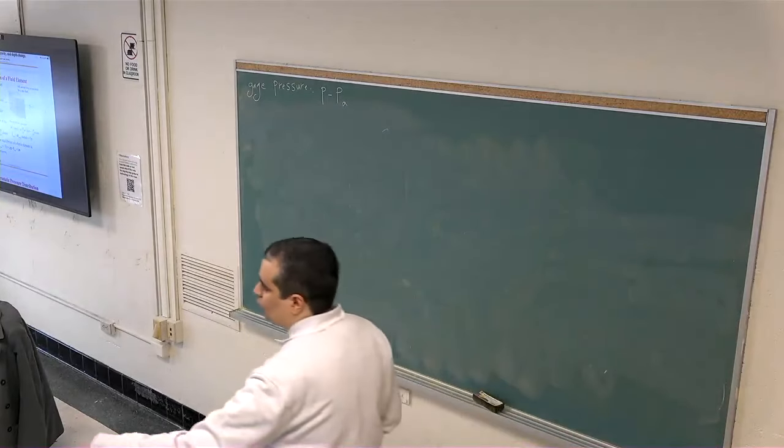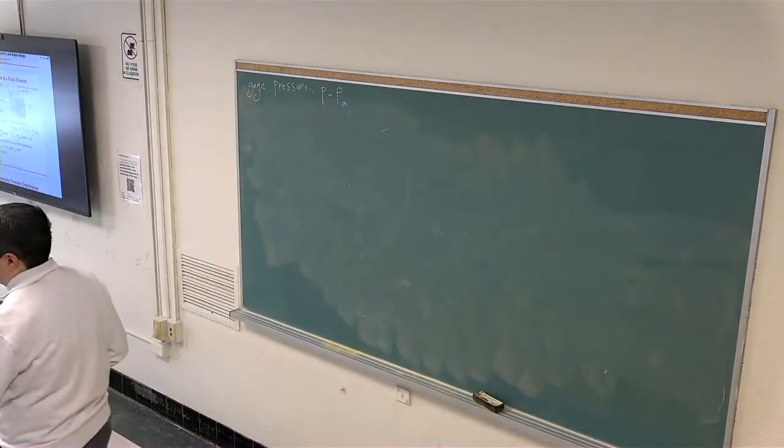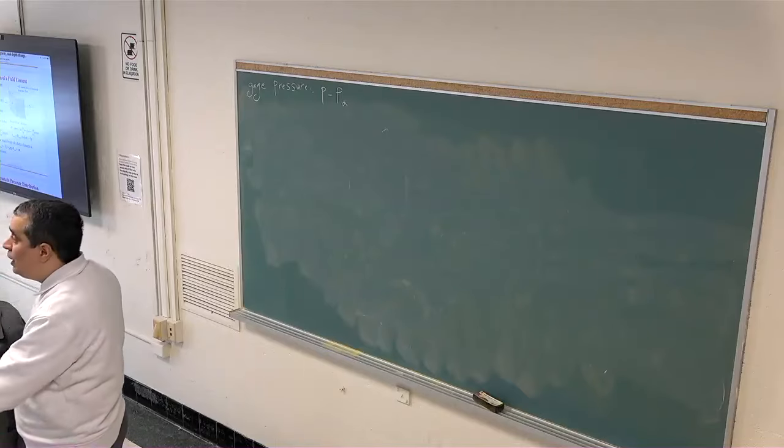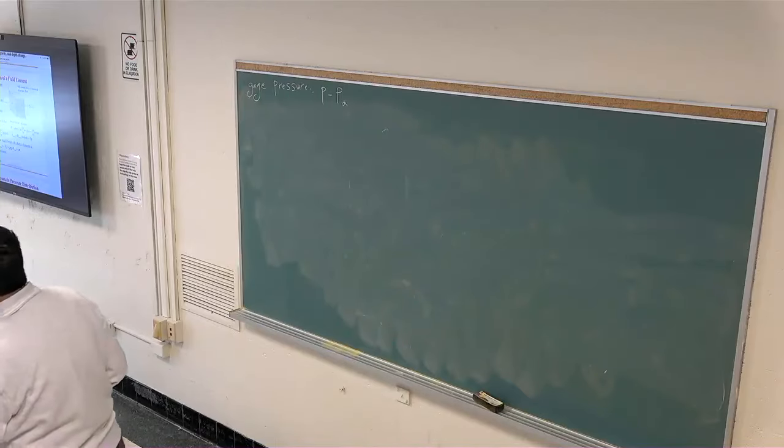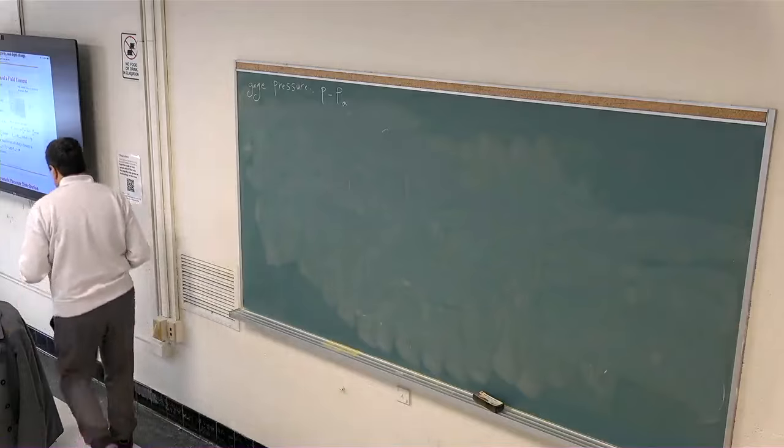So gauge pressure in this room is 0, because the ambient pressure here is the pressure ambient. But if we are in the swimming pool and we go down in the swimming pool, gauge pressure is a positive value. Pay attention.